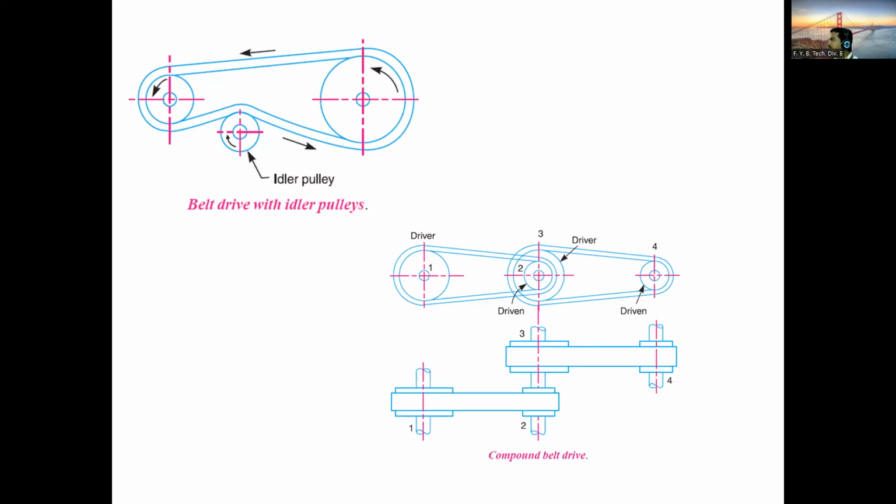Basic purpose is to maintain the tension in the belt. If you don't use the idler pulley, the belt slips; slippage will increase because distance is larger, and to avoid such problem, we have to go for placing the idler pulley.